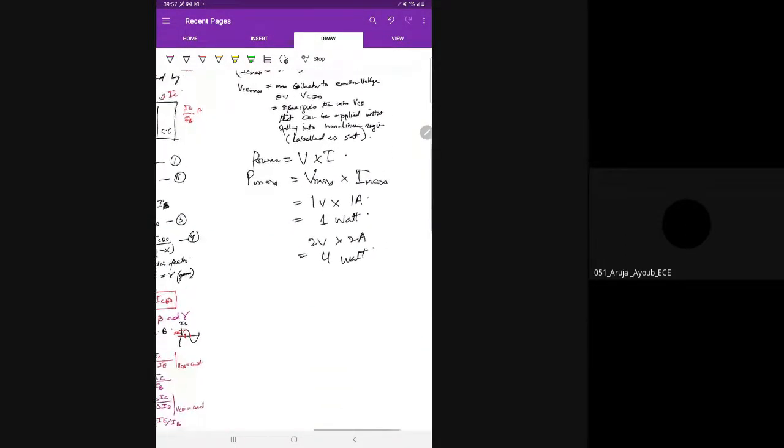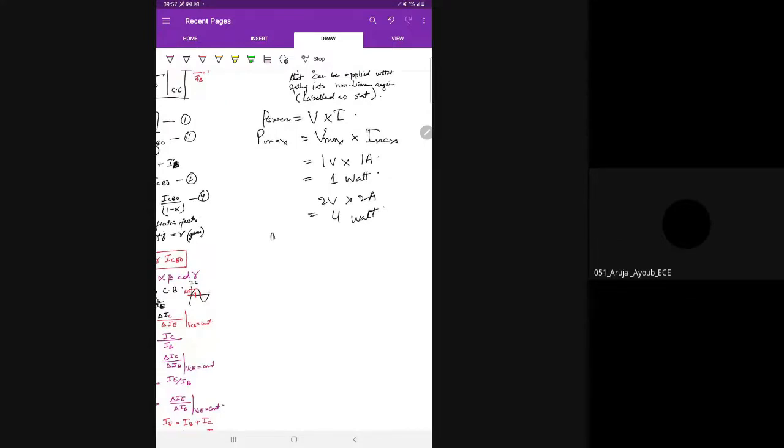Okay, so that is what I said, that maximum power dissipation for a transistor is defined by this relationship. So PC max, because power is equal to V into I, PC max will be now equal to IC into VCE.